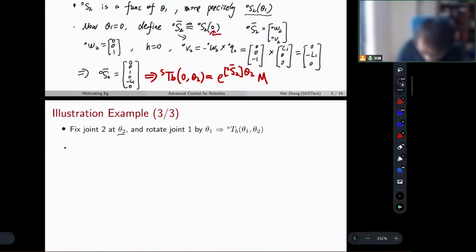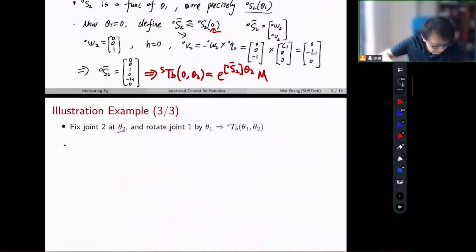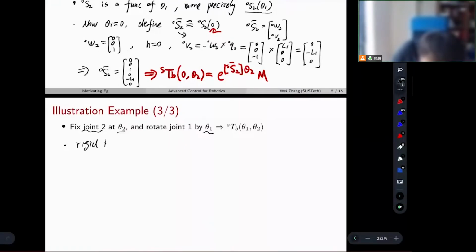So let's fix joint 2 at θ2. Then I rotate the whole link 1 plus link 2 together as a single rigid body by θ1 degrees. Again, this is a rigid body operation, a motion characterized by T hat.